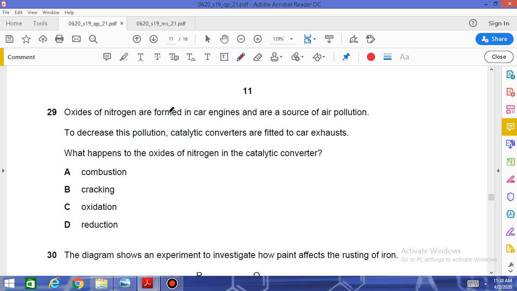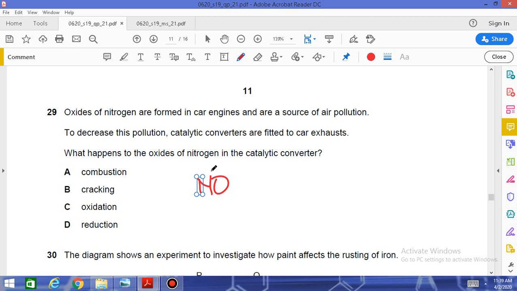Oxides of nitrogen are formed in car engines and are a source of air pollution. To decrease this pollution, catalytic converters are fitted to car exhausts. What happens to the oxides of nitrogen in the catalytic converter? Okay, oxides of nitrogen, for example, nitrogen monoxide. Okay, this is the oxide of nitrogen.